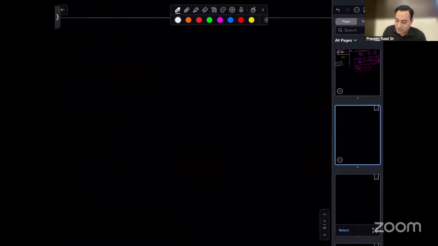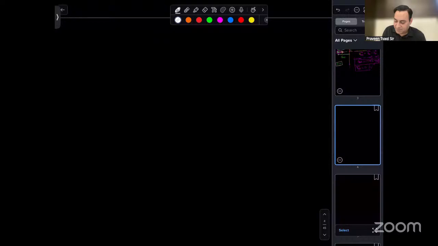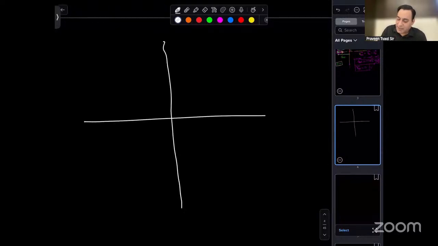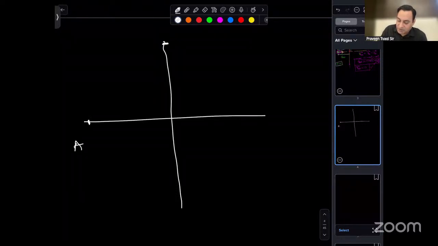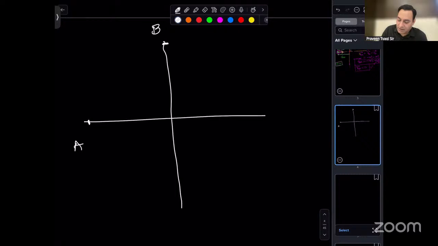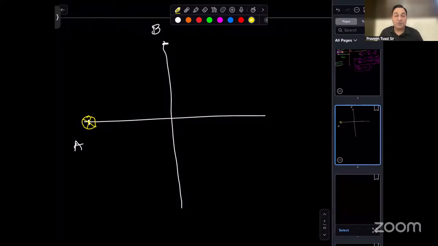So this was the x-axis, this was the y-axis, and A is 1 kilometer away here, B is 1 kilometer away here. Now let's see how A finds it. What is the velocity of A as observed by A? It's 0, so A feels he's not moving at all.